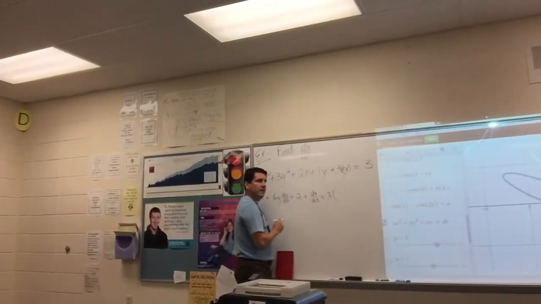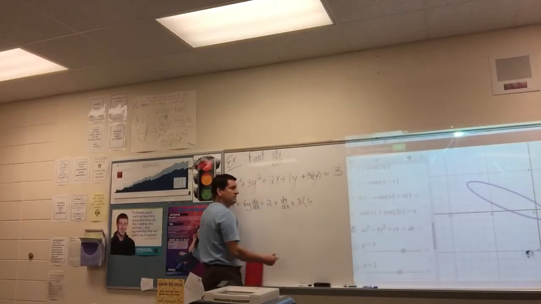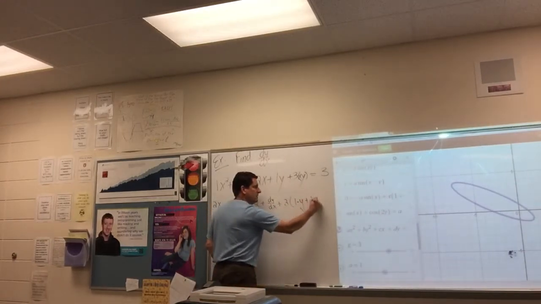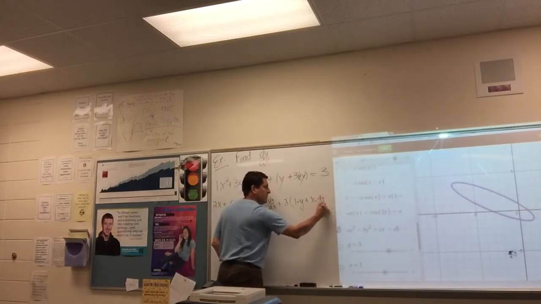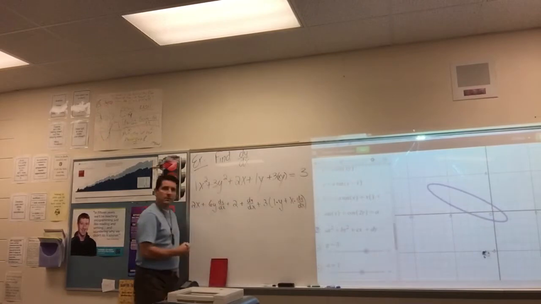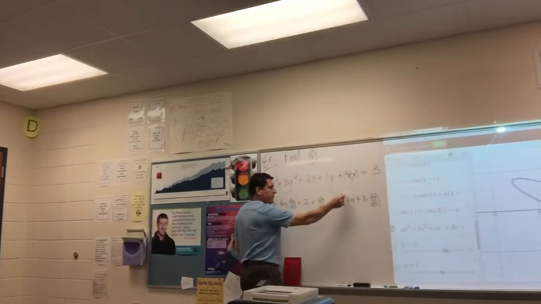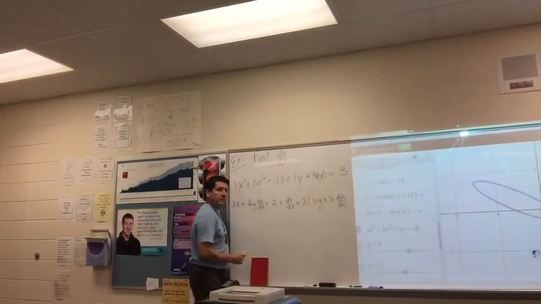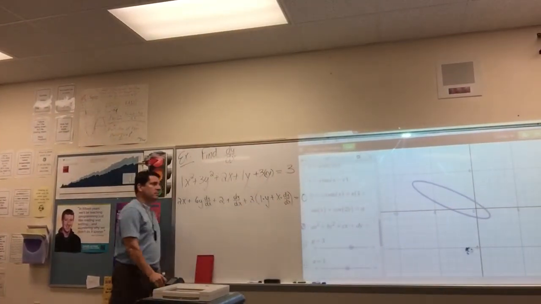Okay, we're going to use a product rule on x times y. So 1, that's the derivative of the x, times y, plus the x times the derivative of the y. That's your product rule. So we did the derivative of the first times the second plus the second times the derivative of the first. And then this whole thing is equal to the derivative of 3, which is 0.